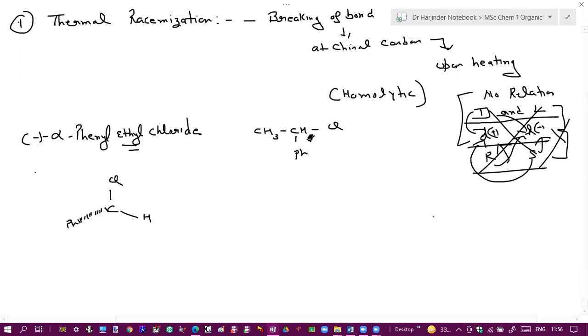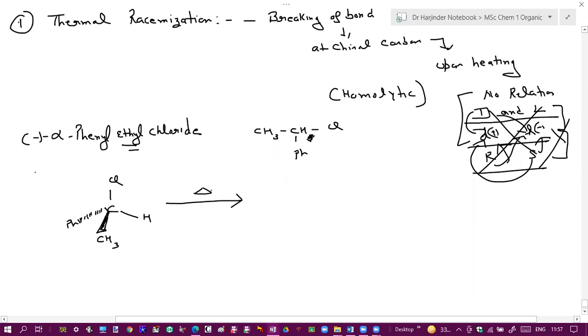Yes, sir. So here minus means it rotates plane polarized light towards the left side, and suppose it has this methyl. Now you heat it. You can check the configuration yourself later; let us move ahead.